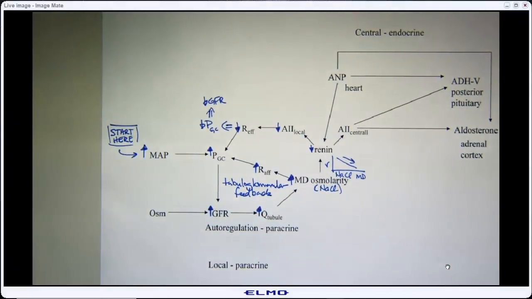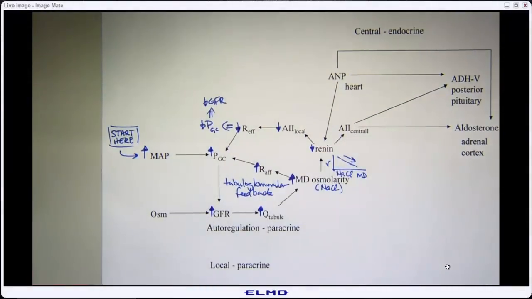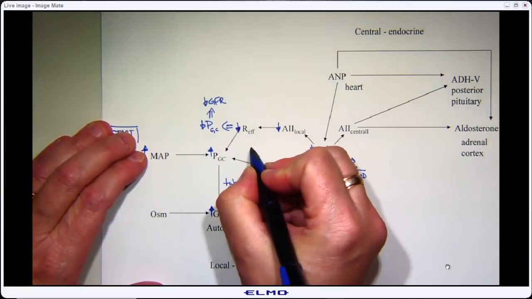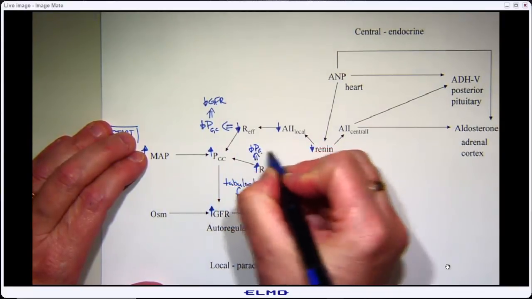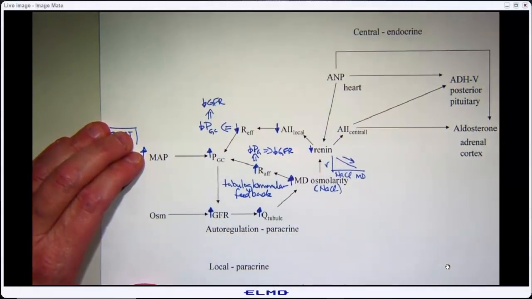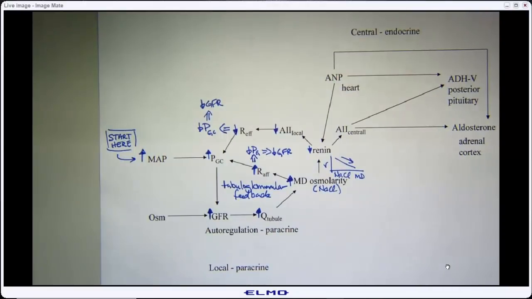Okay. Increase the resistance in our afferents is going to result in a decrease in pressure in the glomerulus and a decrease in GFR. Okay, again, the kidney locally trying to defend GFR.